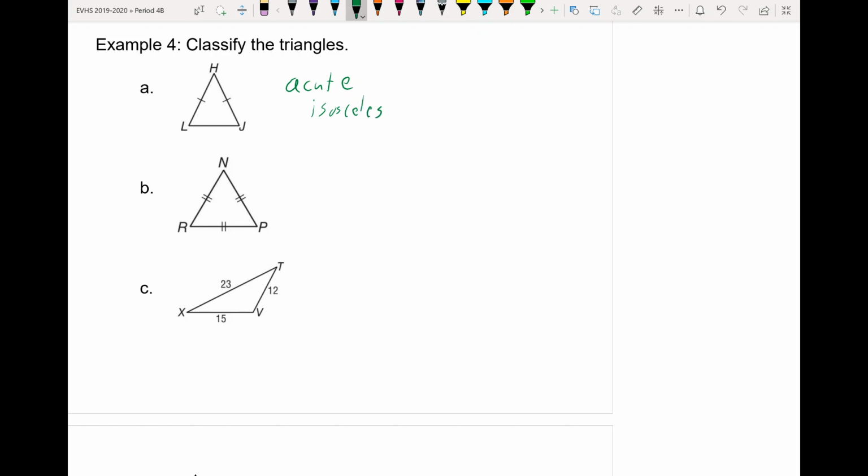All right, what about this guy? Okay, so if it's equilateral, the only option is for it to be acute, because equilateral means equiangular. We'll cover that in a second. But yeah, when it's equilateral, you can just say equilateral and be done with it. All right, what about C? Obtuse. Scalene. No, not saline.